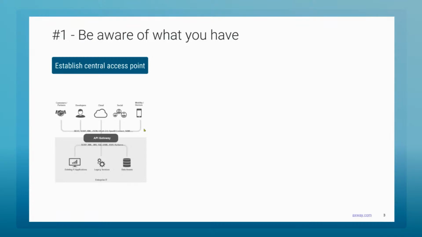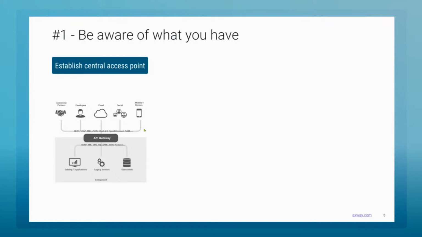So centralizing all of your API access in one or a few points, like API gateways, across your entire enterprise allows you to have much better control, visibility, and security over all your APIs. It also allows developers to be more agile because they don't need to keep up with the most recent attack vectors, because the gateway will protect their code.